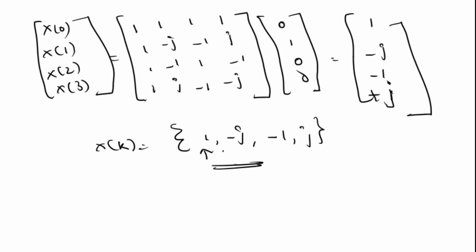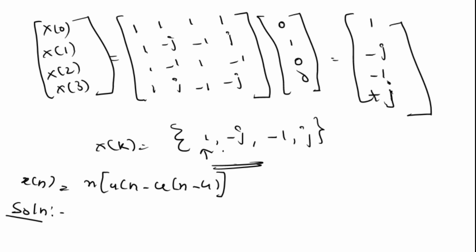Next problem: x of n is equal to n into u of n minus u of n minus 4. That means the signal is present from 0 to 3. We can write it as x of n equal to n when n varies between 0 to 3, and 0 elsewhere.